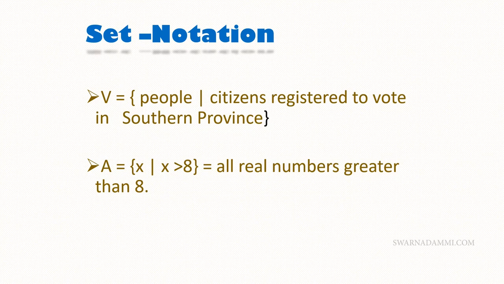V is described as the citizens registered to vote in Southern Province in Sri Lanka. Another one. A is a set. A is describing a variable x such that x greater than 8. That means all real numbers greater than 8.